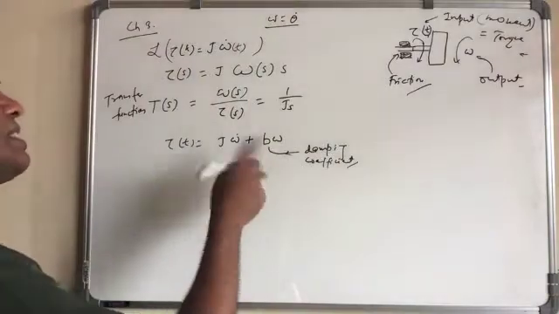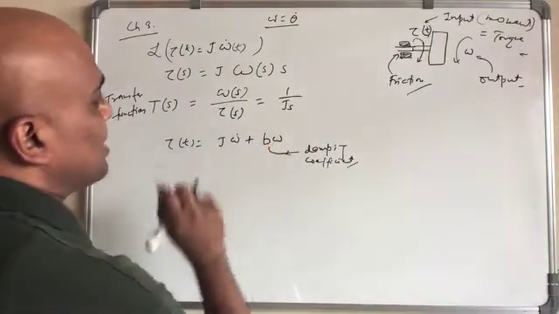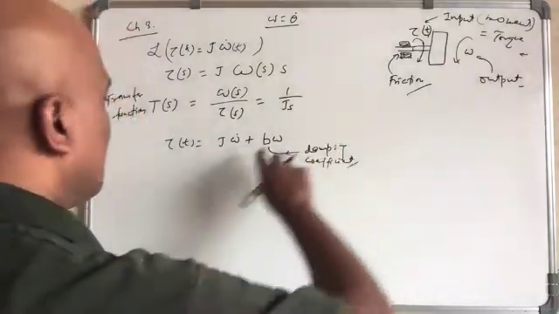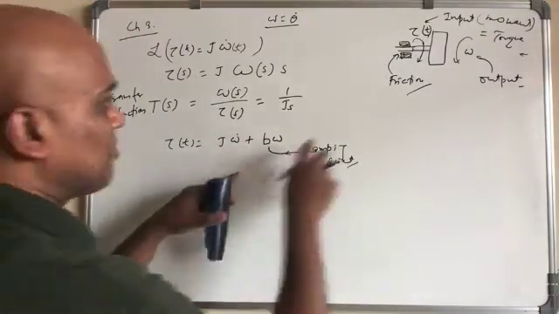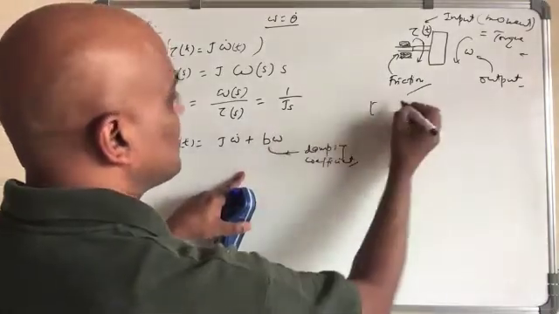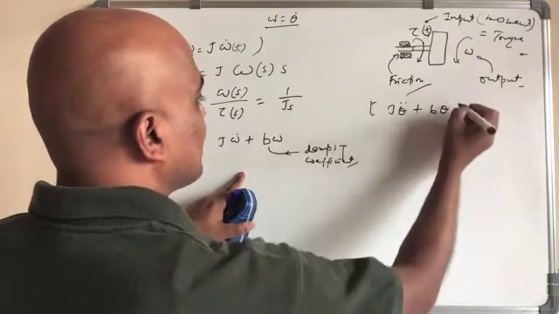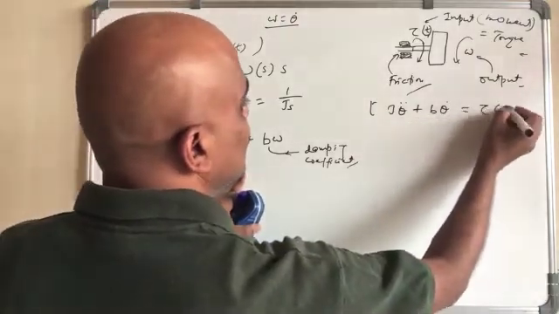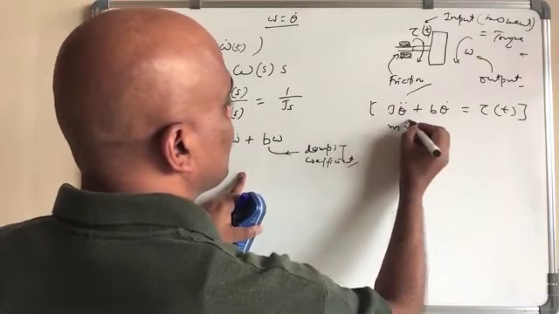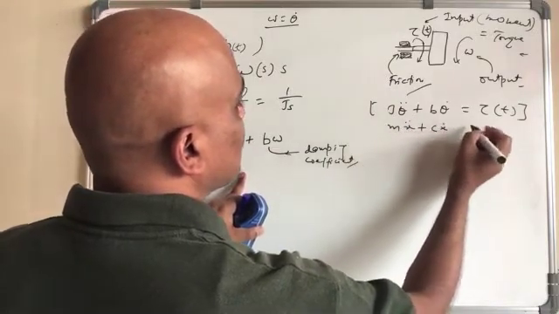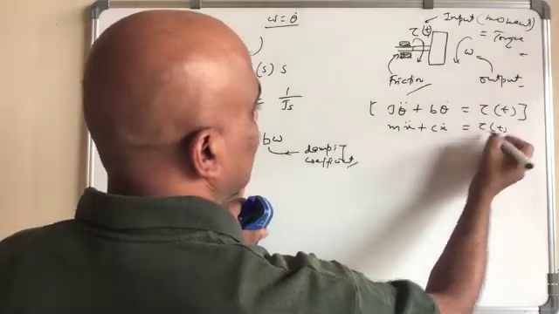This is equivalent to C basically. So this is velocity. You are used to J omega dot plus B omega, something like J theta double dot plus B theta dot equal to tau(t). So this is equivalent to m x double dot plus c x dot is equal to f(t), something like that.